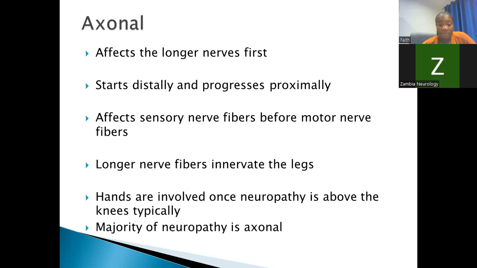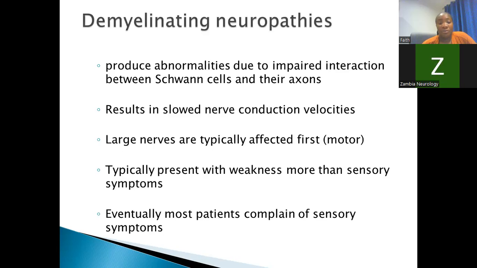That's in a typical case, but that might not always be the case. You can have involvement of the hands a bit earlier than that. Also of note, the majority of neuropathy that is encountered is axonal.